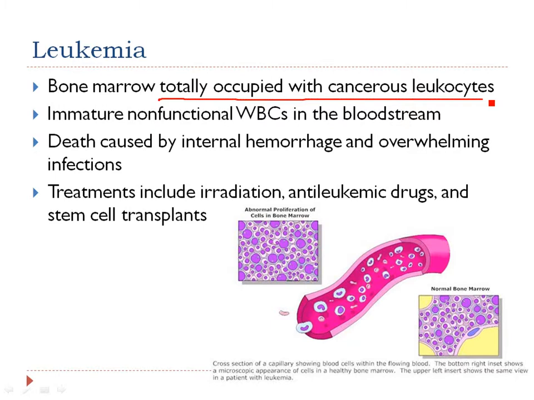So because of this, you don't have adequate red blood cells. You don't have adequate platelets being formed in your bone marrow. You're not making appropriate amounts of the mature functional types of white blood cells that you need. So what happens? Ultimately, if you don't get treated, you're going to have internal hemorrhaging because you can't clot your blood properly. You're not going to make enough red blood cells, so you're going to have anemia.